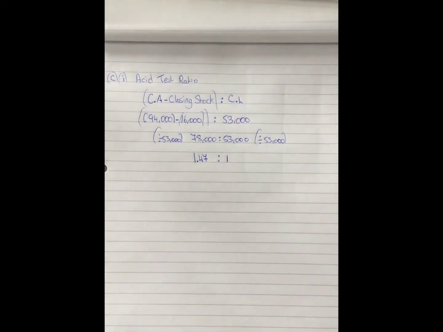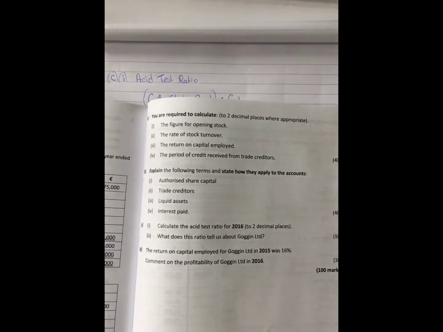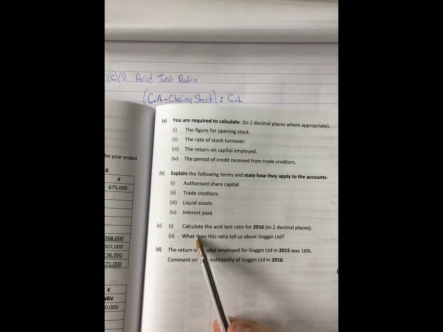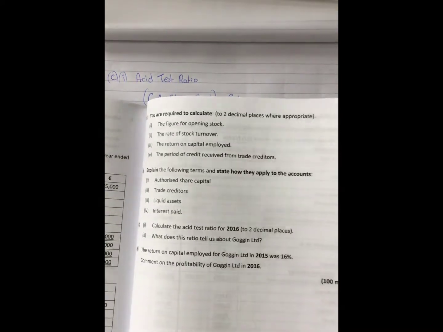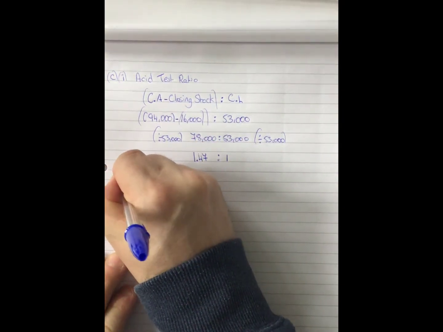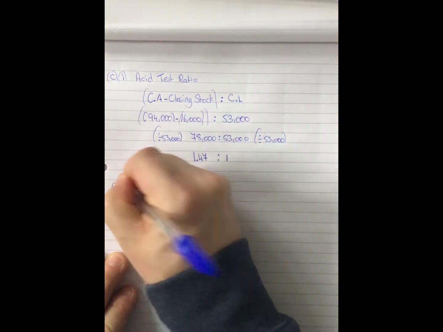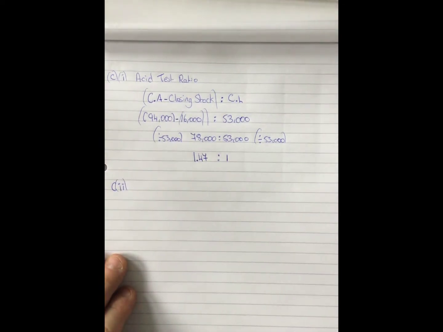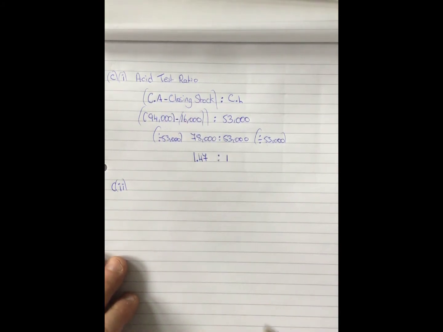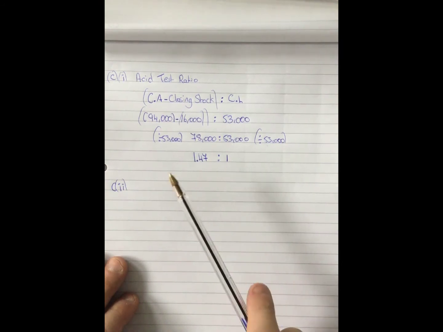Okay, so just to go back to the question, it just said to calculate the asset test ratio for 2016 to 2 decimal places. The second part then is, what does this tell us? Well, firstly, the asset test tells us that for every €1 that we have, we compare it to what we owe.